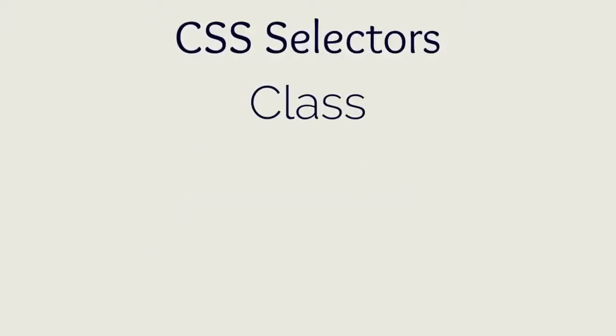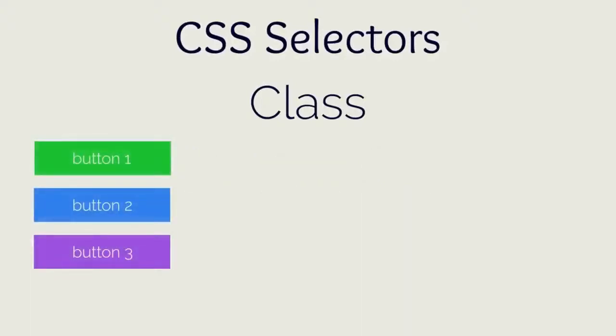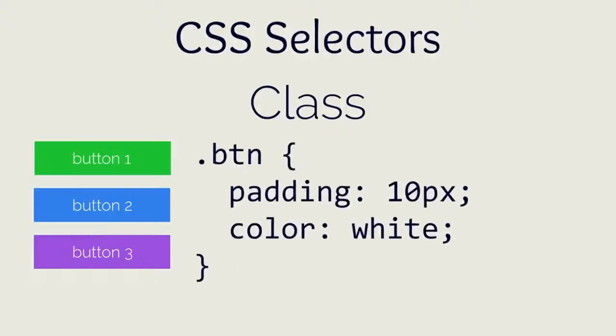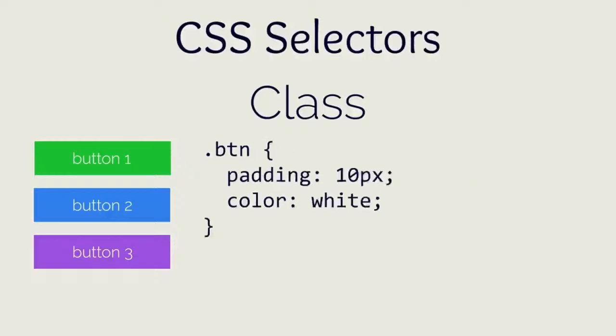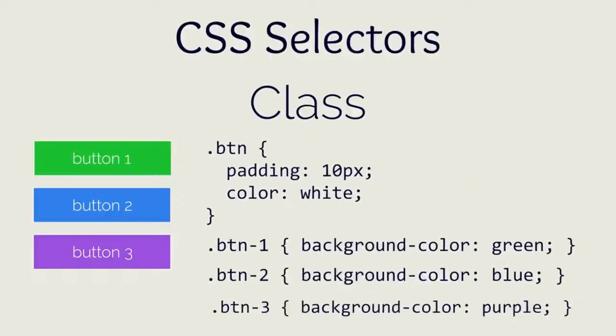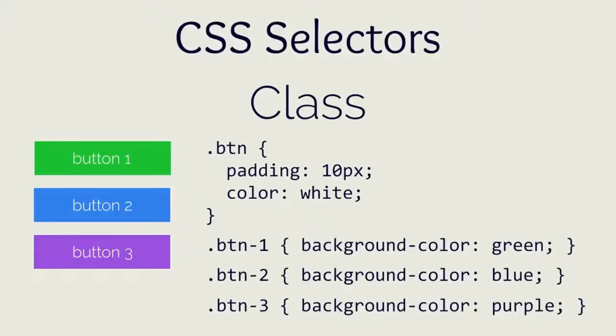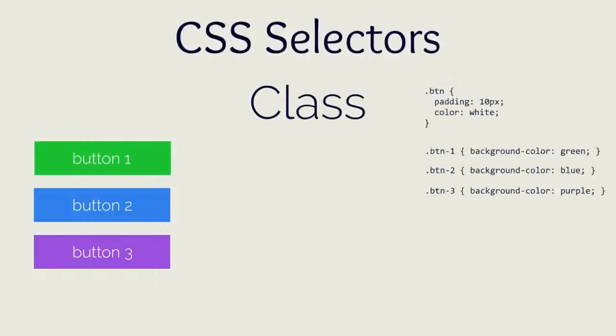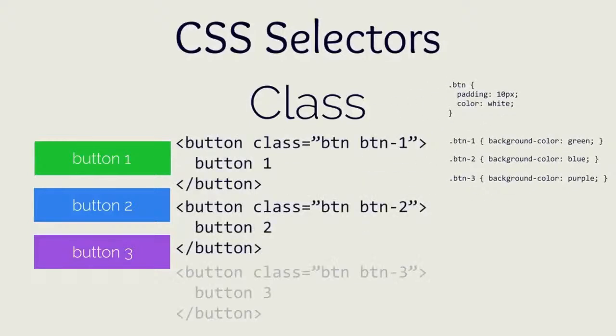For example, if you have a site with 3 different types of buttons that all share the same basic styling but have a different color, you can use one base class of button to define all of the styles shared between all buttons. You can then have 3 other classes that define the specific color for the button. Then all you need to do is add both the base button class and your color specific class to your HTML button element, and it'll have all the styles defined in the base button class and the color specific class.